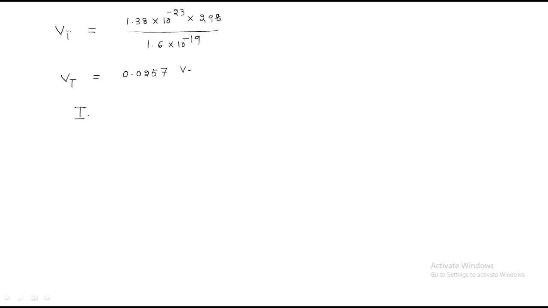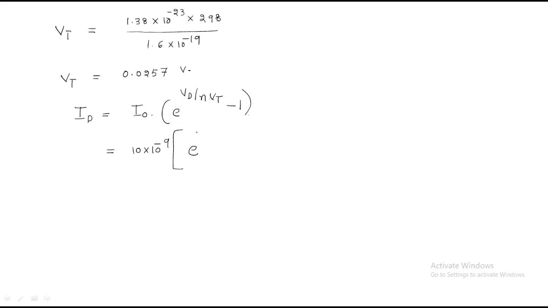So by using that, now we will write the equation once again. ID equals I0 into e power VD by N VT minus 1. Here I0 is given as 10 nanoamperes, 10 nano means 10 power minus 9, into e power VD.